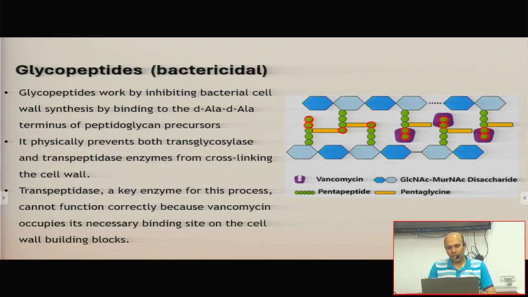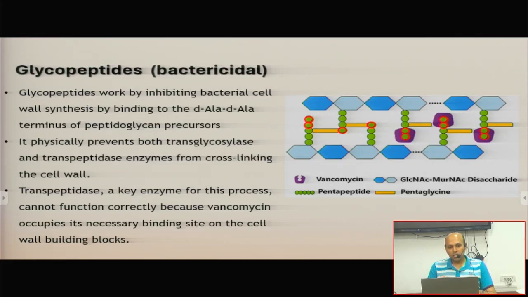The pentapeptide that is seen, and then the pentaglycine bridge that is formed, for example. And I think you know what GlcNAc and MurNAc are. It is N-acetyl glucosamine and N-acetyl muramic acid, which is a disaccharide. Transpeptidase is the key enzyme for this process.